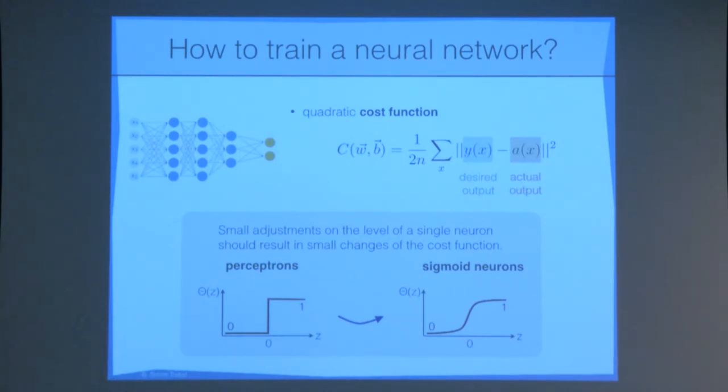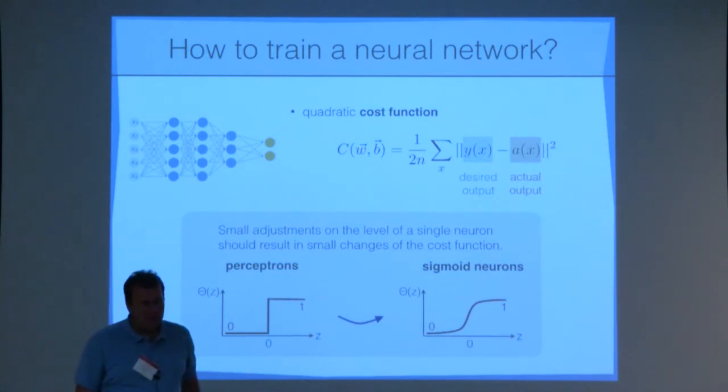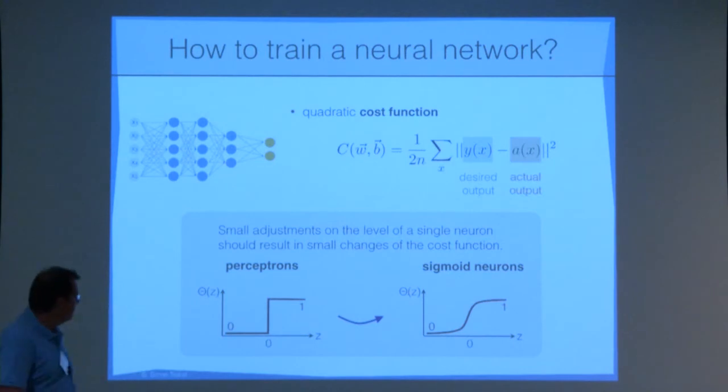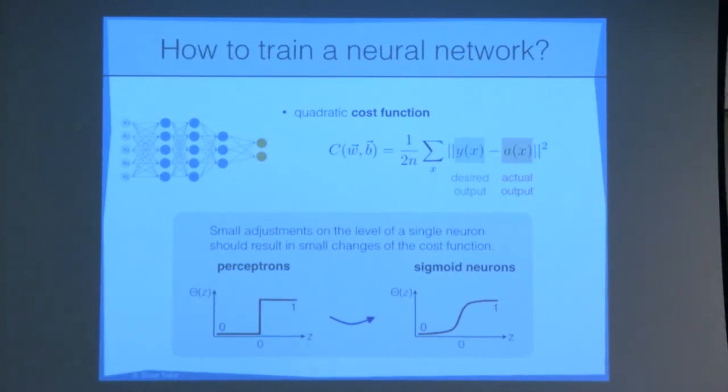Cool. So now I have this effect with these sigmoid neurons that a small change in the weights will result in a small change of the cost function, and I can track the cost function as I vary the weights. Do you use a perceptron just for classification? The perceptron was cool because when we did this logical circuit, we had this statement that it is universal.